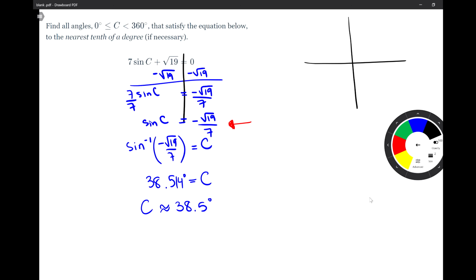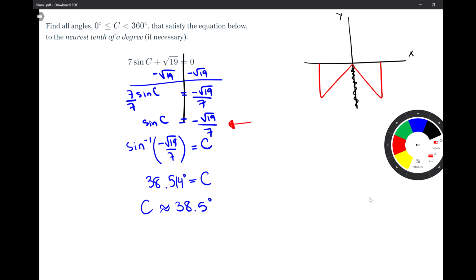So the quadrants that will give you negative y values belong to this right here. Okay, this y value. So that means the angle will lie on quadrant number 3 and quadrant number 4 on the unit circle.